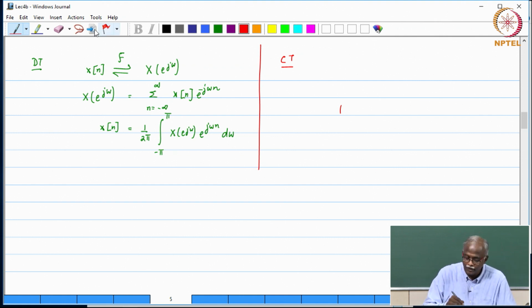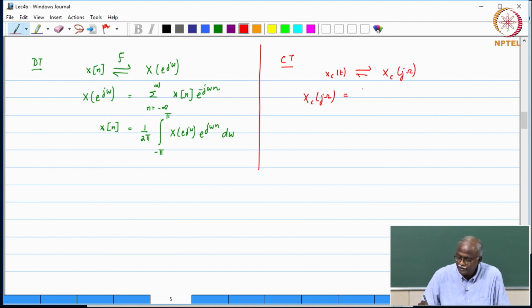So, the underlying continuous time signal, if it is x c of t with the Fourier transform X c of j omega, let me just write that down for completeness. X c of j omega is an infinite integral minus infinity to infinity x c of t e to the power minus j omega t dt.